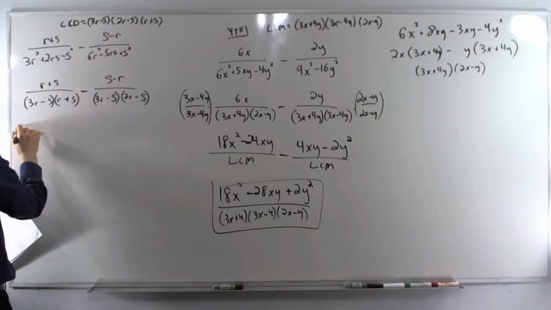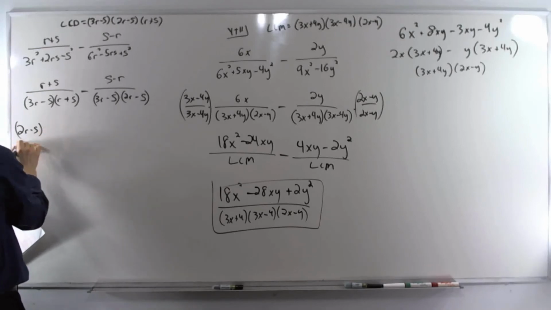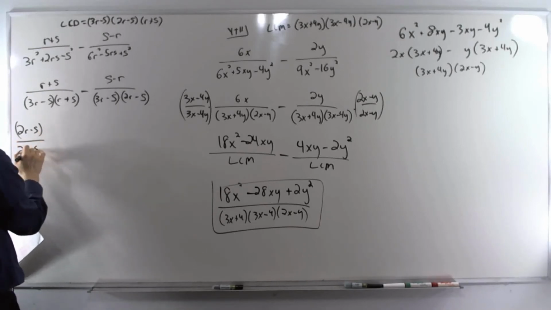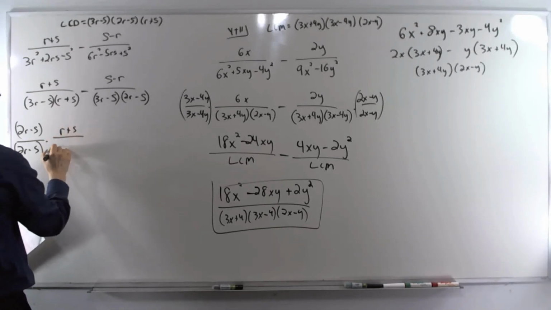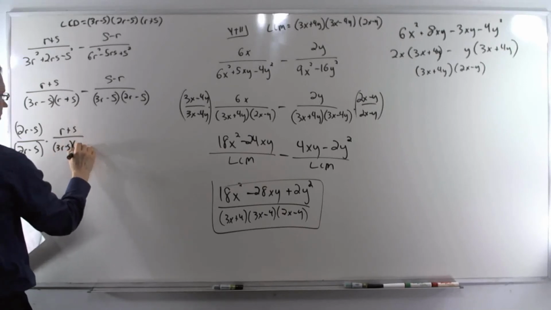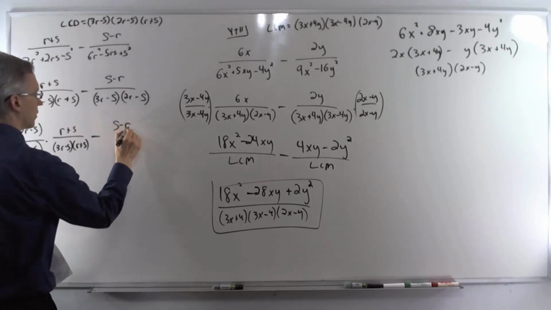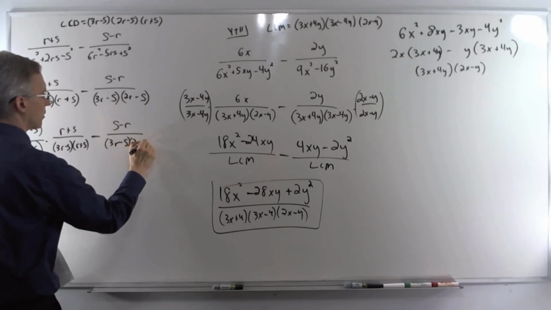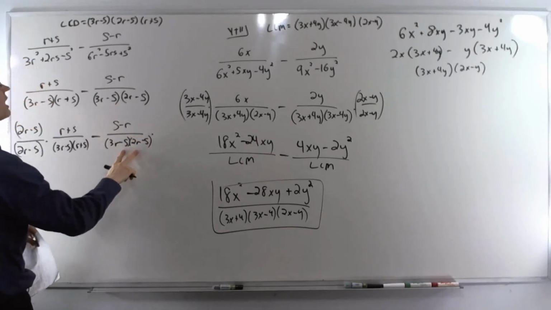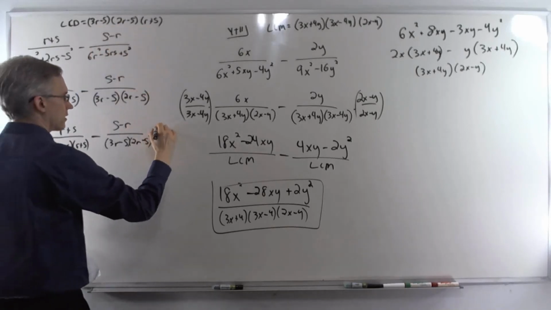So we'll multiply this one 2r minus s over 2r minus s times r plus s over 3r minus s times r plus s, minus, and this one has the 2 here, we're missing r plus s.